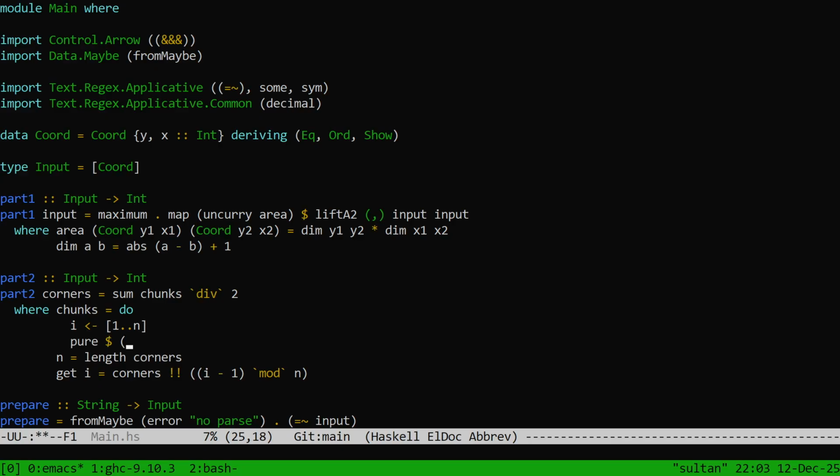Pure of y of get I times, this is just copying from the Wikipedia page here, x of get I minus 1, yeah. Subtracting from that x of get of I plus 1.